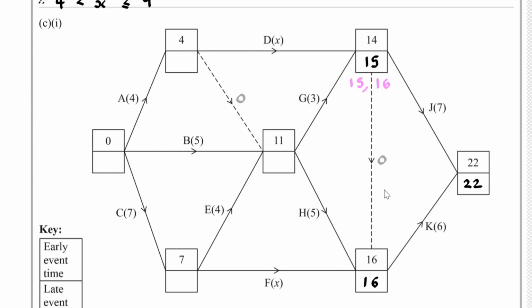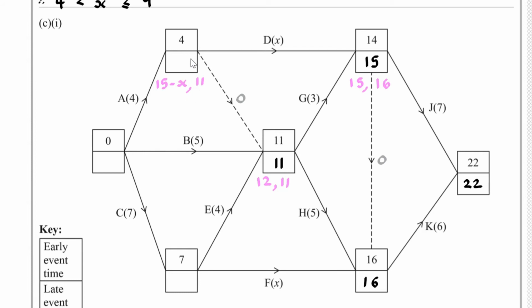Next, if we do 15 subtract 3, that's 12. And if I do 16 subtract 5, that's 11. So 11 would go here. If we continue to work backwards, we have 15 subtract x, and then we compare that with 11 subtract 0.